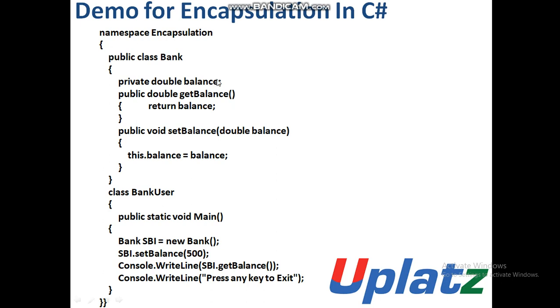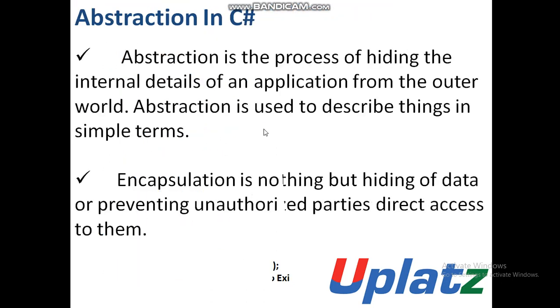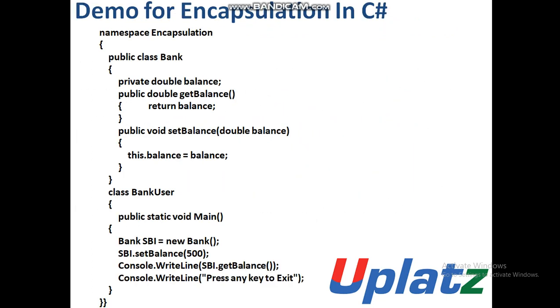Its return type is double, and it is public. Another public method is there for setting the balance; it does not return any value and takes one argument, balance. this.balance indicates the current instance variable. Whatever is in this.balance is going to be assigned the value from the argument. So this.balance is equal to balance.